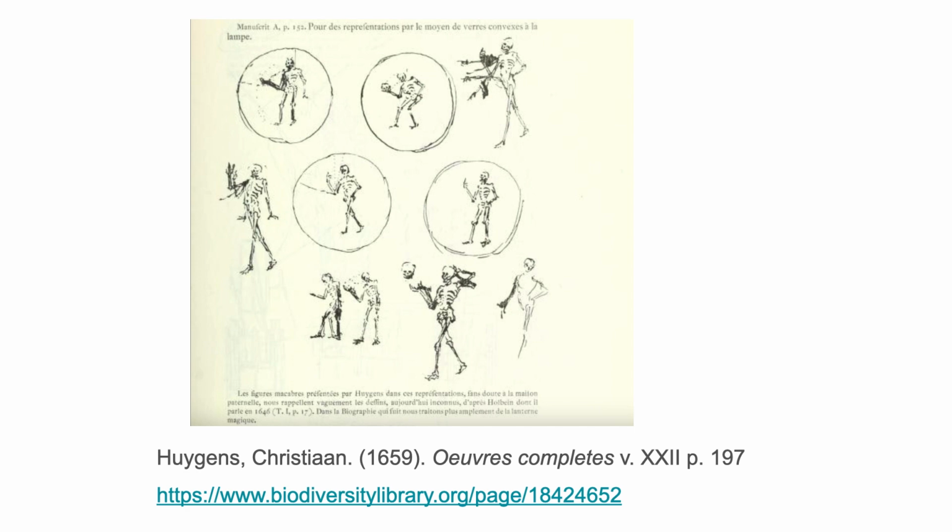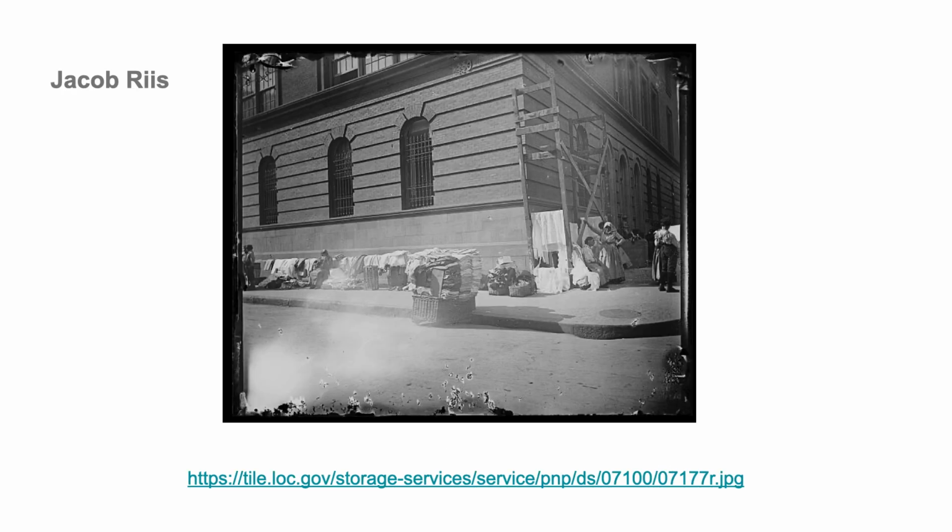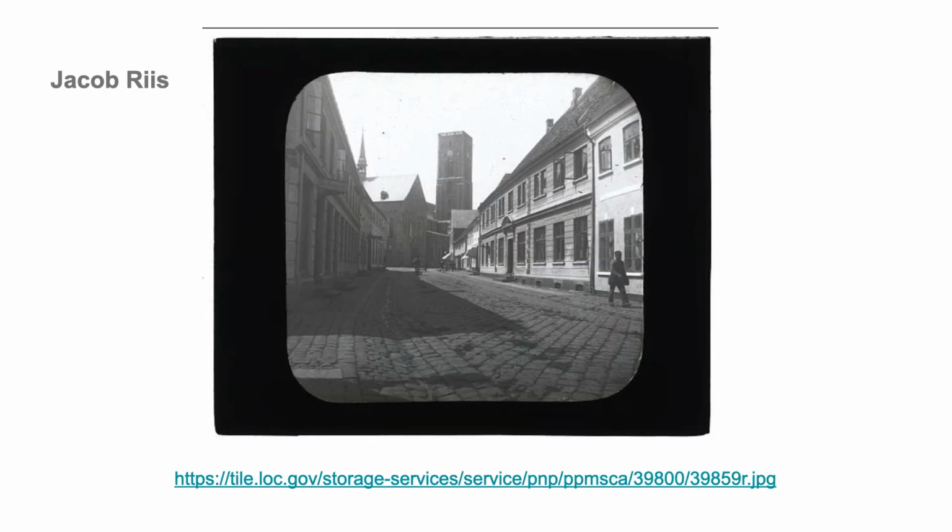So this is some lantern slide illustrations that he did, the first extant known ones. And you can see Riis's native Denmark here in lantern slides, which slightly predate the images and the work that he's known for.